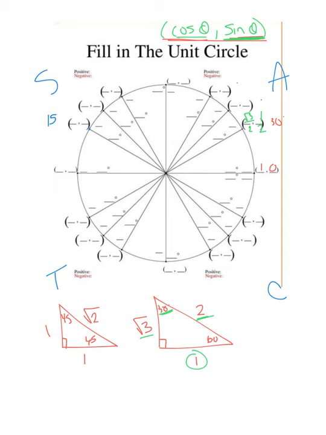So when I do that, I'm going to use cos of 30. And so when I get cos of 30, I know that it's root 3 over 2, except in this quadrant, cos is negative. Sine is the only thing positive in here. So I need to make sure that I put a negative in front of that root 3 over 2.